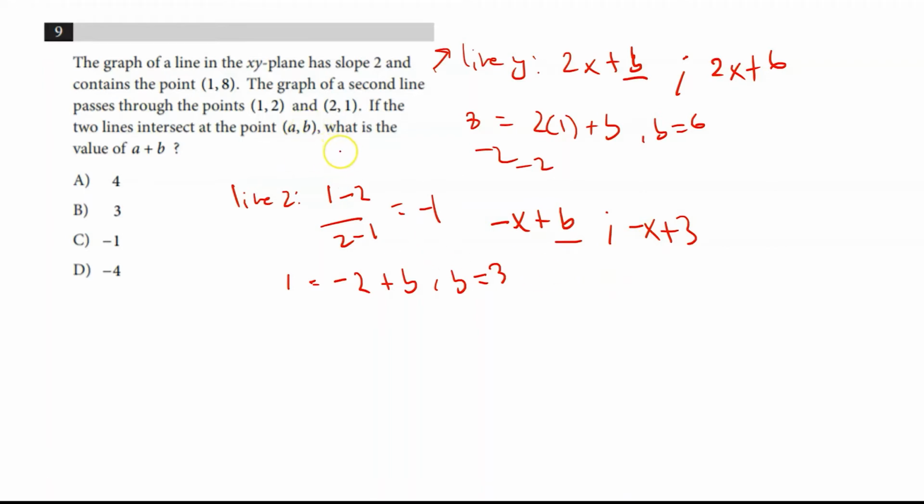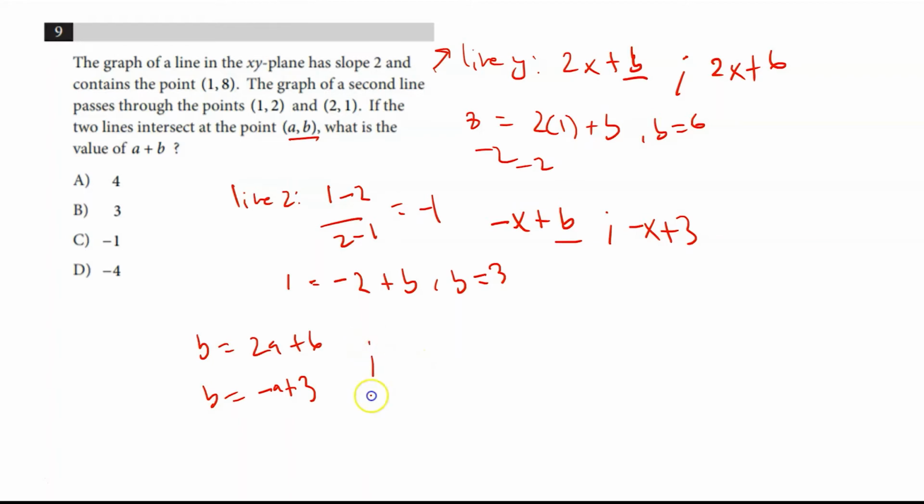But instead of the coordinates x, y, the point is given in terms of a, b. So we can just replace the x coordinate with a and the y coordinate with b. So that means b equals 2a plus 6, and b equals negative a plus 3. If we want to solve them, we can basically equate each other.